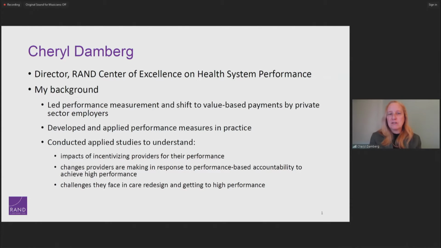I've also been trying to understand their response to performance-based accountability, particularly in the context of total cost of care models, and understanding what they're doing to bend the cost curve as well as maintain or improve their performance. Lastly, more recently, I've been exploring the challenges that providers face in redesigning care to get to high performance. So next slide.